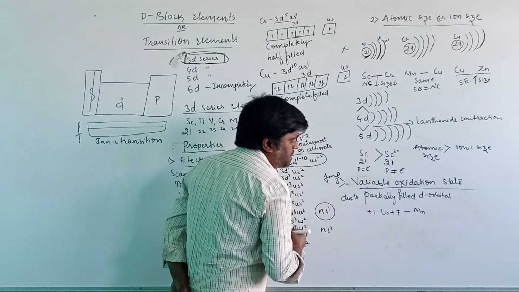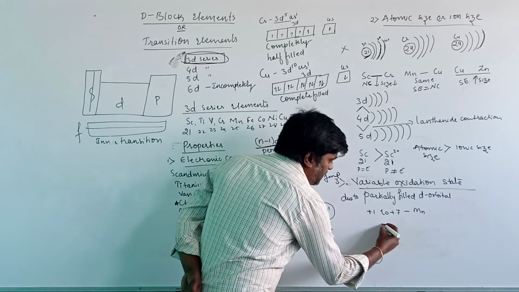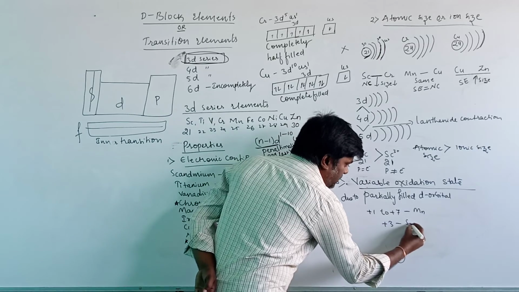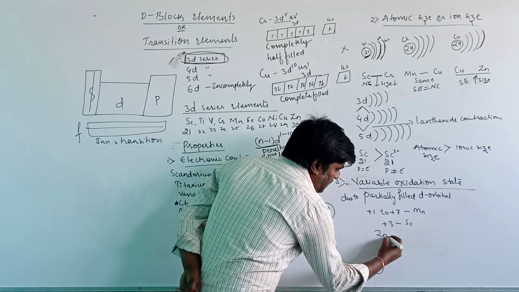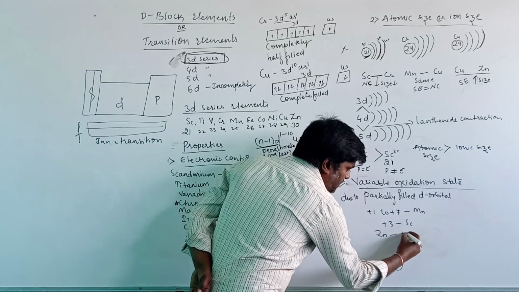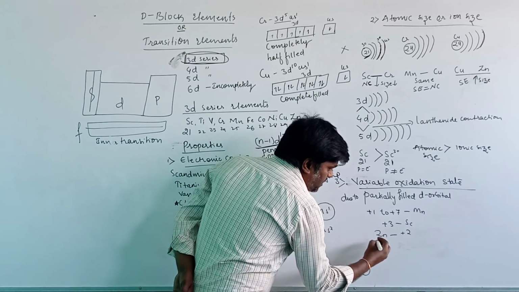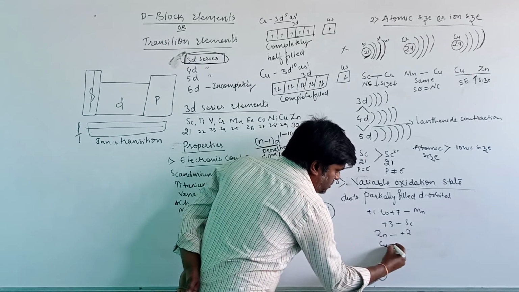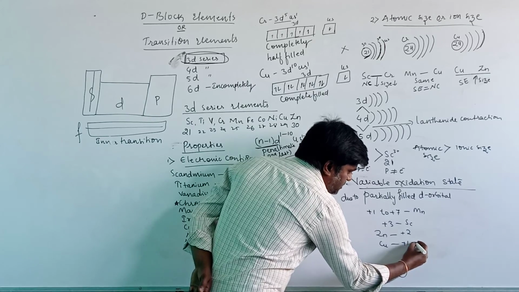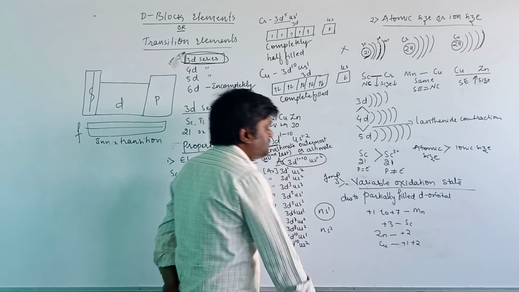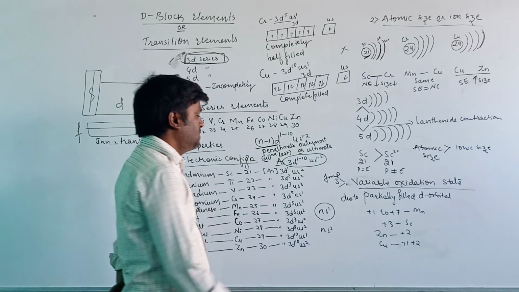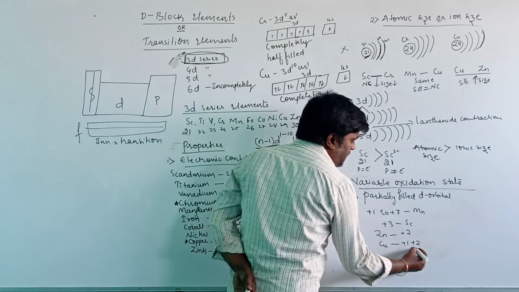The common oxidation state in the 3d series is +3, whereas zinc will show +2 oxidation state, and copper will show +1 and +2 oxidation states.